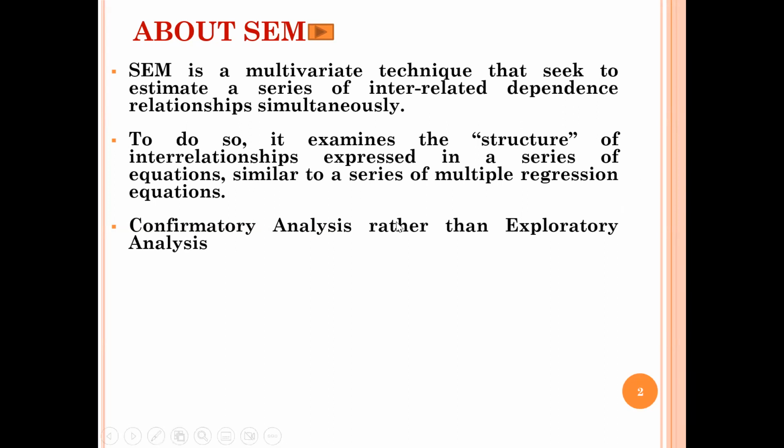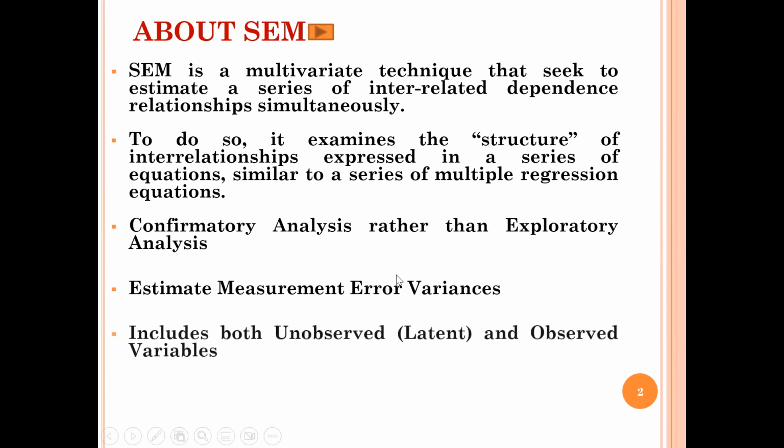In confirmatory factor analysis under ACM, you do not explore, but you already have the factors in place. You recheck the factor structure. And that is done through measuring the error variances, to account for basically the unexplained variances due to the variables which are not considered.